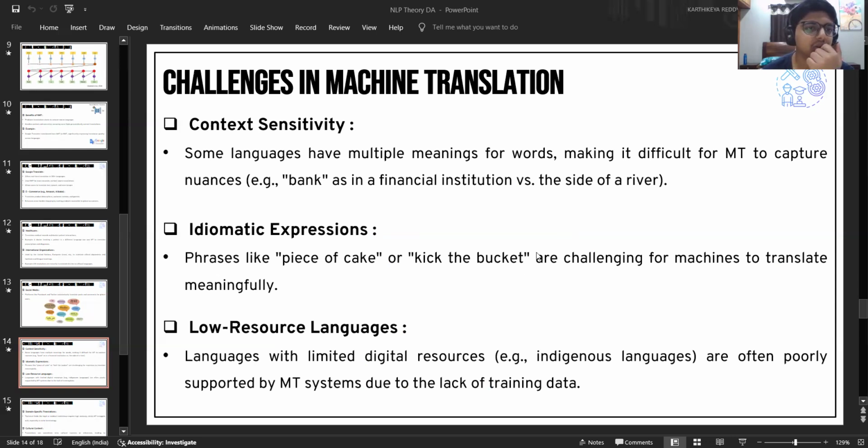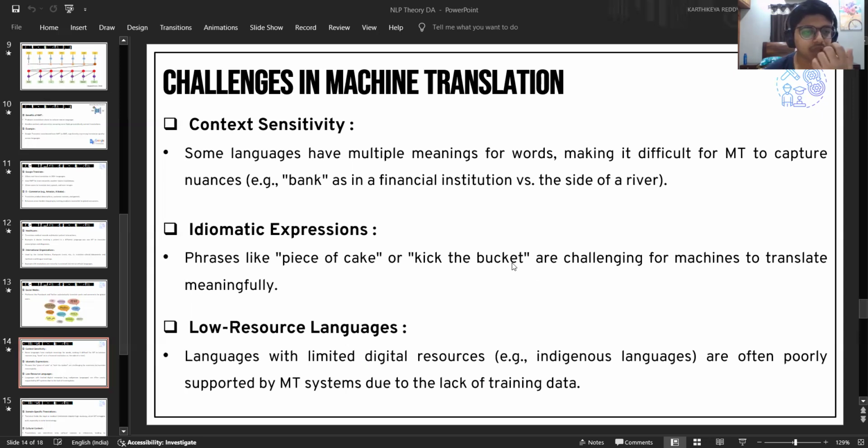So, another challenge is low resource languages. Languages with limited digital resources, such as indigenous languages, are often poorly supported due to lack of training data. So, with lack of training data, in the sense, some of the regional languages of India, such as Telugu, Tamil, they lack a good quality amount of training set to train the model.